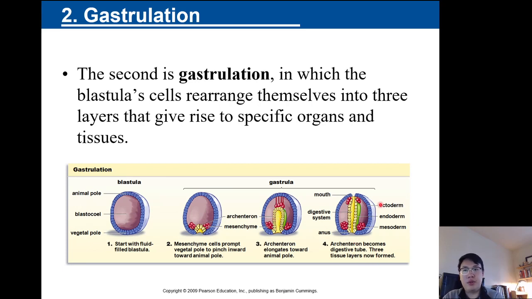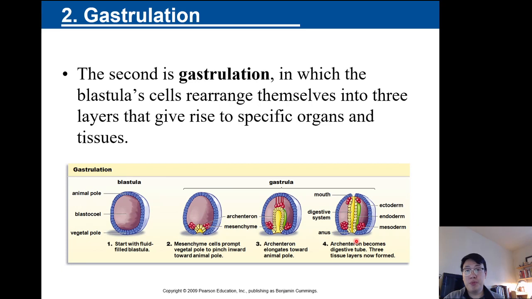Okay, and the three tissue layers form again: the ectoderm, the endoderm, and the mesoderm. Now, ecto means outside. Endo means inside. Meso sounds like middle. Middle, muscles type of cell.